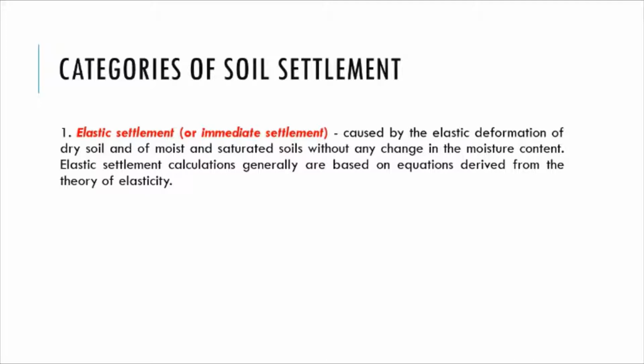It is caused by the elastic deformation of dry soil and of moist and saturated soils without any change in the moisture content. Elastic settlement calculations generally are based on equations derived from the theory of elasticity because we know that the foundation is elastic. So elastic settlement or immediate settlement occurs due to the application of the load.